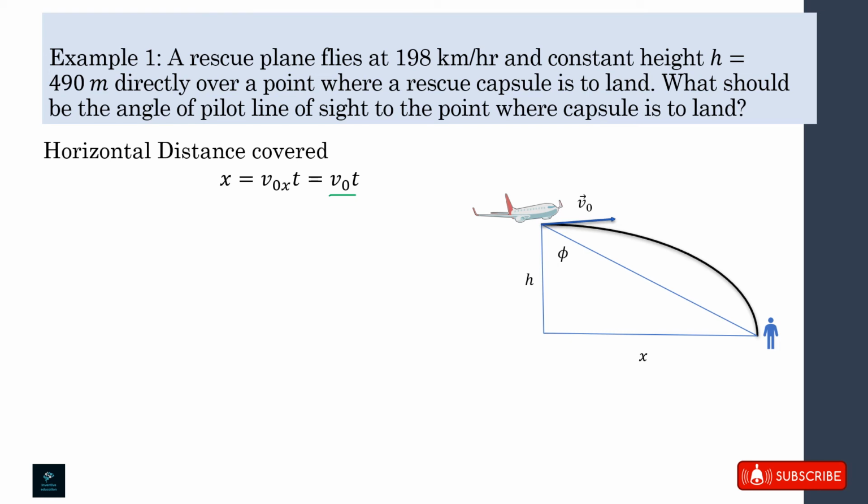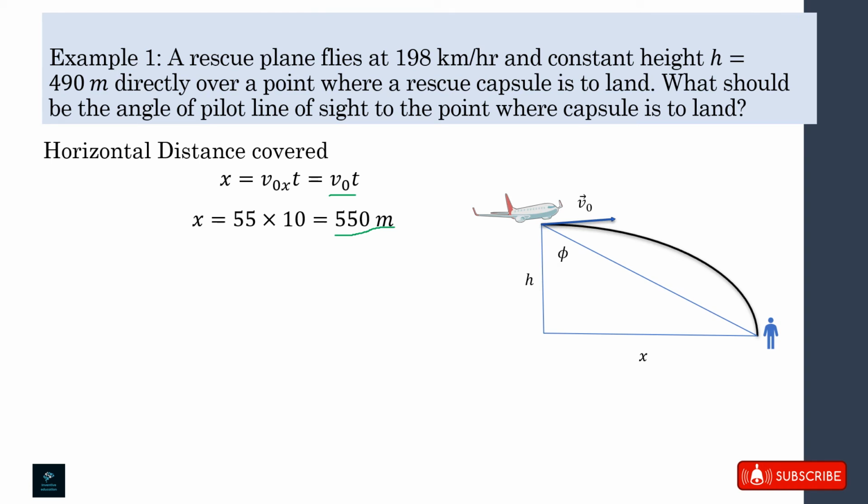Putting the values of v0 and t, we find that x is equal to 55 into 10, and this is equal to 550 meters. Therefore, the rescue capsule covers a horizontal distance of 550 meters before landing.